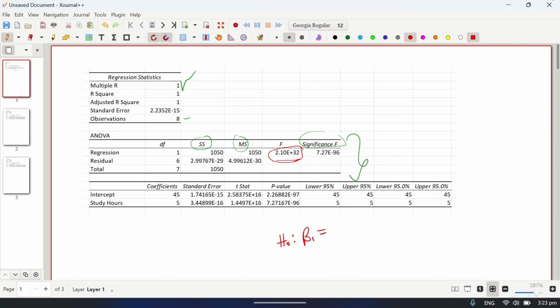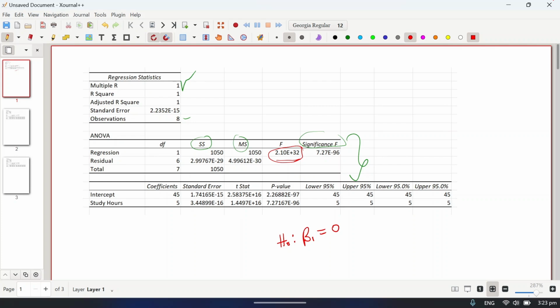Here the beta 1 is equal to 0, which means that what it is trying to say is that there is no relationship between the dependent and independent variable. That is, there is no significant relationship.